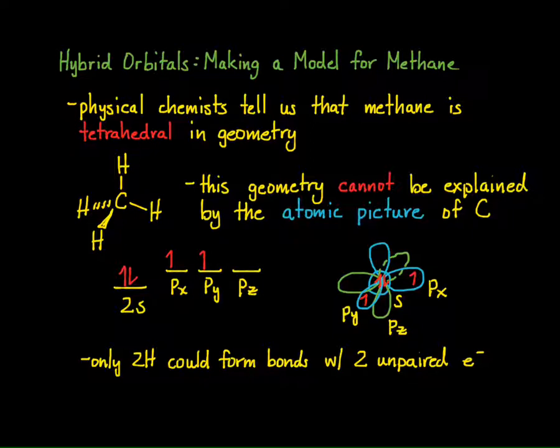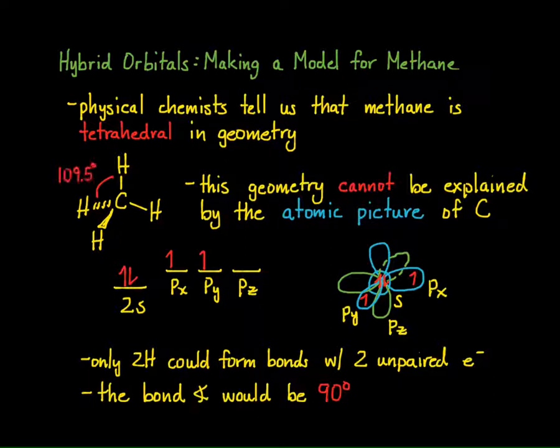So carbon should be able to form a bond with only two hydrogens, and yet that is not the case. The other thing is that the bond angle would be 90 degrees, and of course, we know the bond angle is not 90 degrees. In a tetrahedral, the bond angle is 109.5. So the question is, how do we explain the geometry of methane?